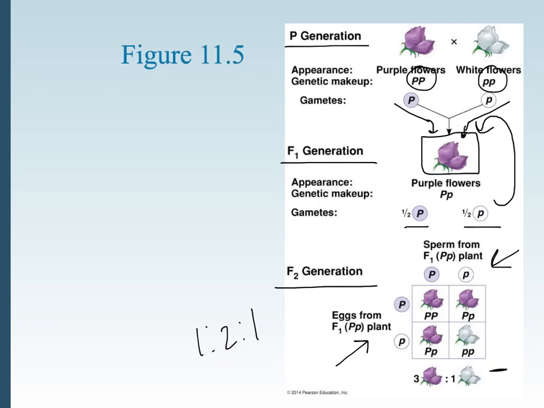And the 1 to 2 to 1 is just saying we have 1 homozygous dominant, 2 heterozygote, and then 1 homozygous recessive. Now, the 3 to 1 again is going to be that phenotypic ratio, but the genotypic ratio is going to be this very traditional 1 to 2 to 1 ratio. So that's just to put some context on those vocab words from the last slide.